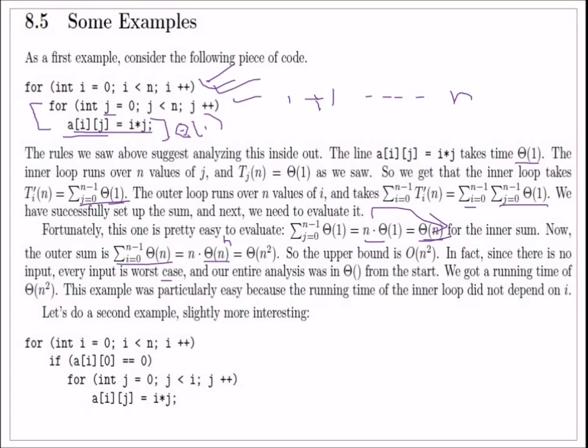And this example was quite easy because the running time of the inner loop did not depend on i. See, in this particular case, we are not depending on i. We are just depending on j. What happens if the second loop depends on i to work? Let us take an example.